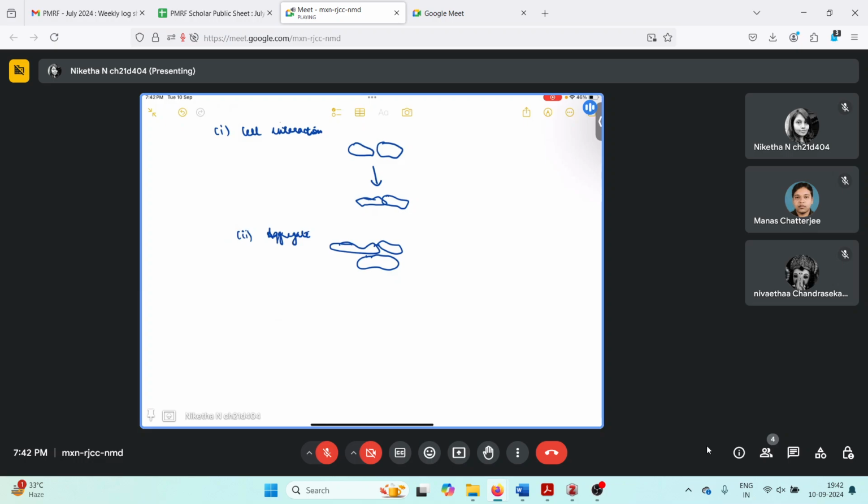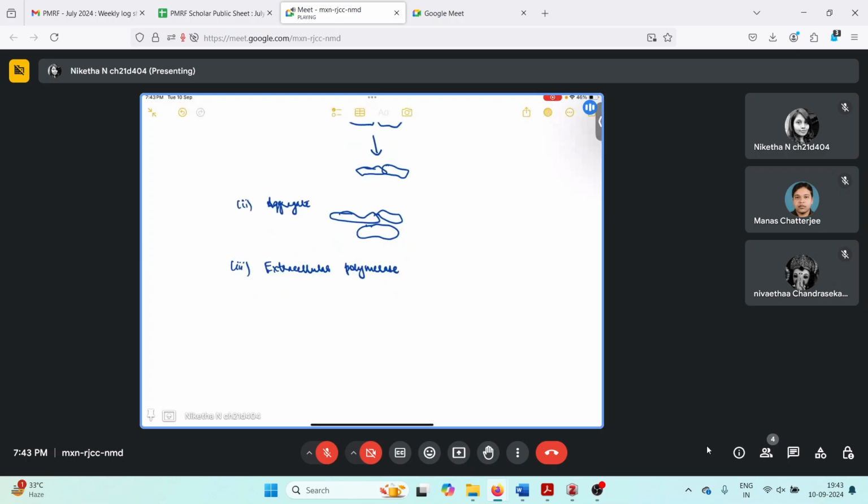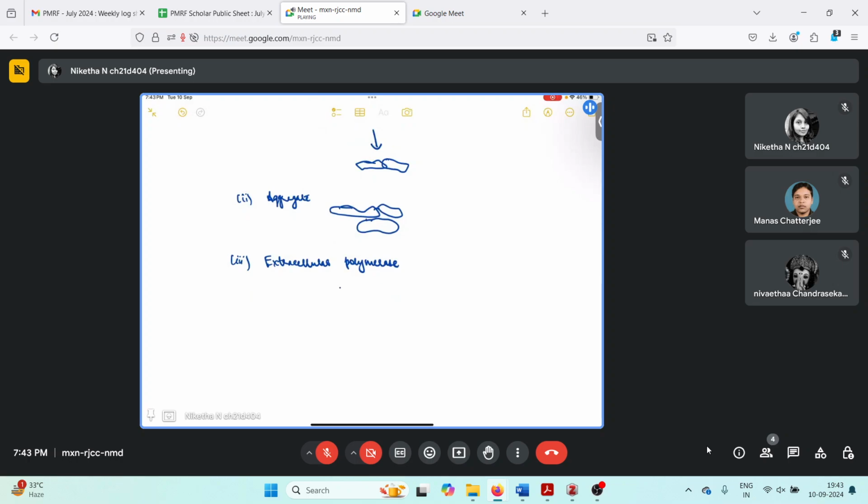So it is this extracellular polymer which ensures that the bacteria lives and moves in water. So it provides a kind of protection barrier for the cell. So when these cells are aggregated together, all of them will together release this extracellular polymer.